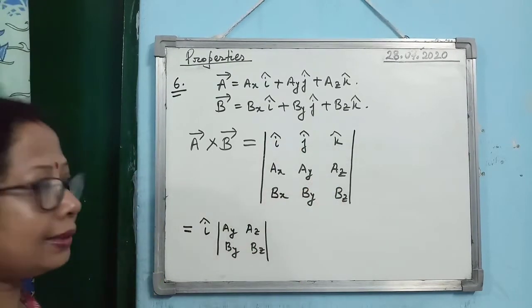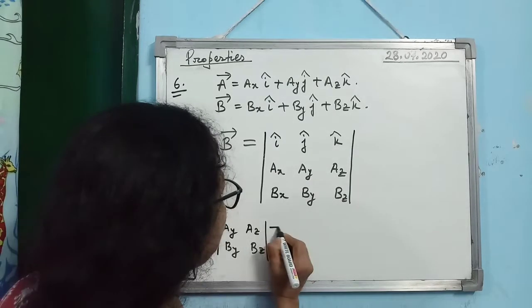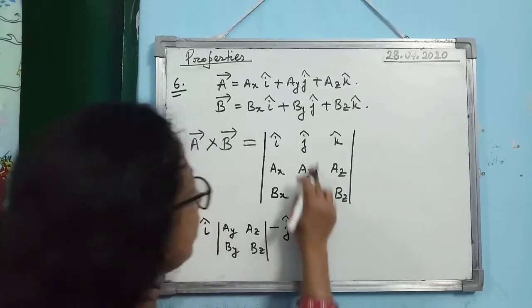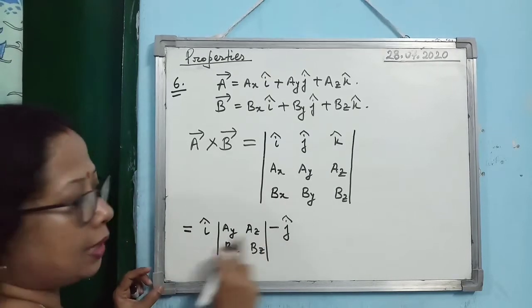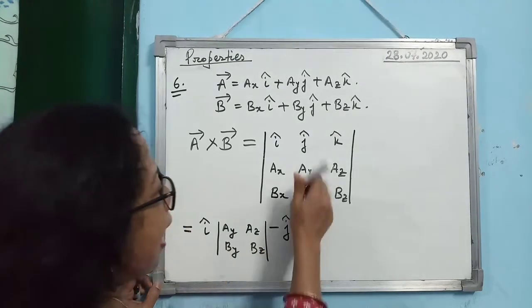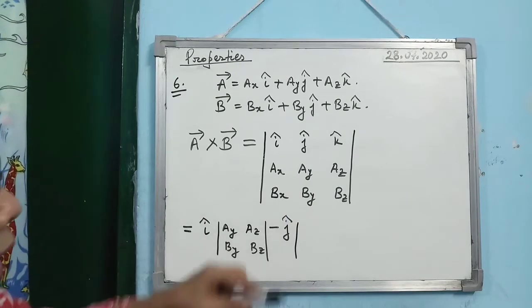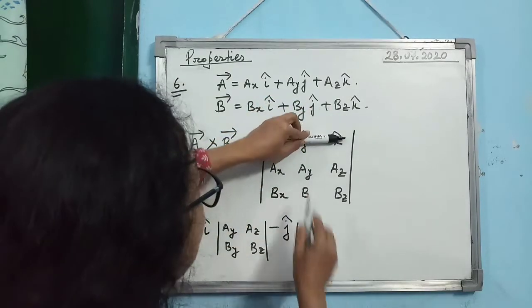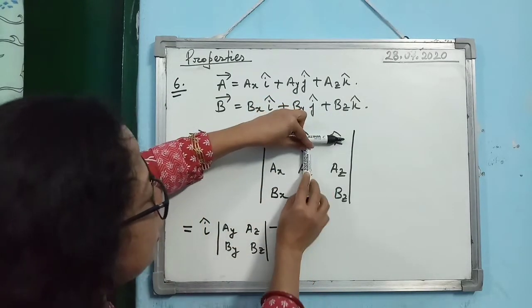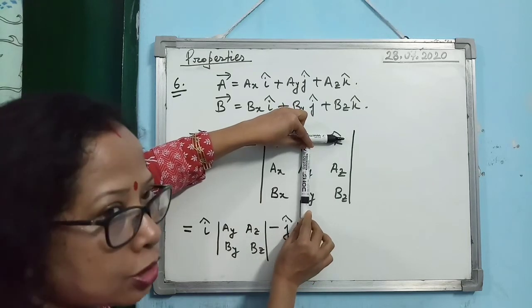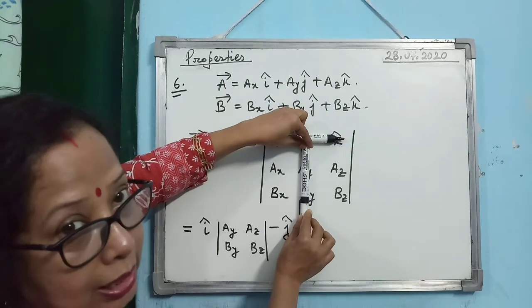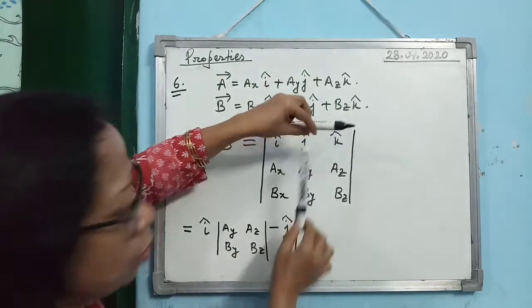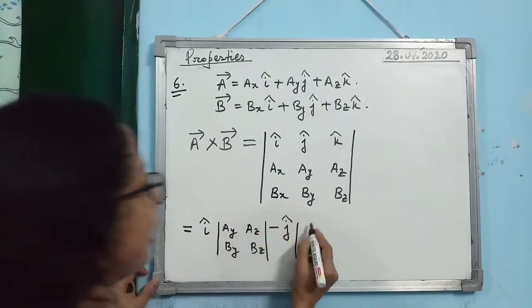Is that clear? Then you write minus j. Minus j, not plus j. Then omit the row and column where j is. j is in the first row and second column, so omit these two. Clear? If you omit these two, what is left?